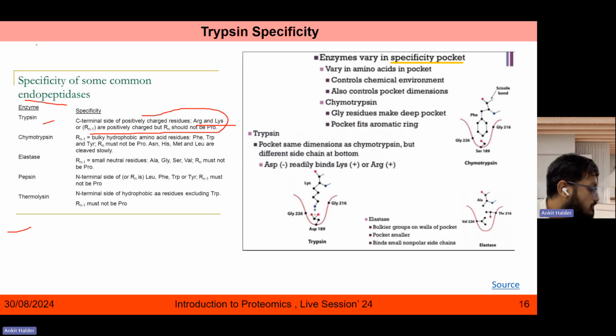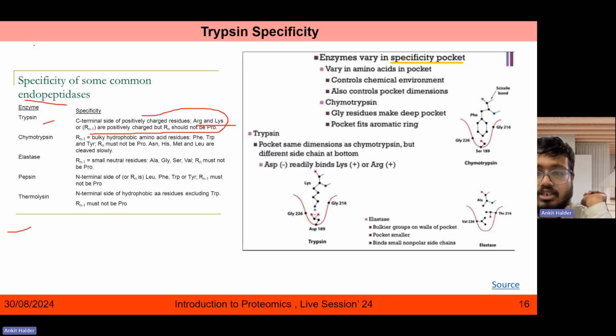Then we talk about chymotrypsin. It cleaves at bulky hydrophobic amino acid residues, that is phenylalanine, tryptophan, and tyrosine. Again here also it must not be followed by proline. Last are the enzymes acting on neutral residues, like pepsin and thermolysin.